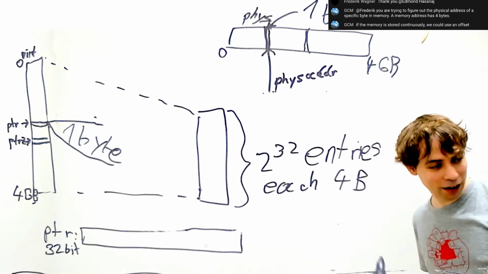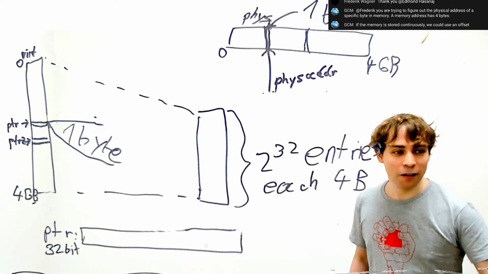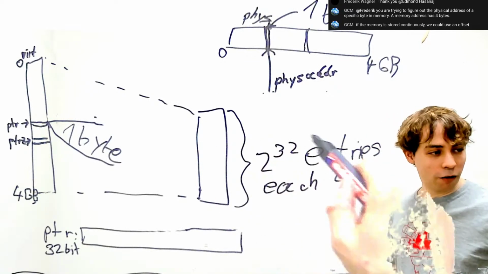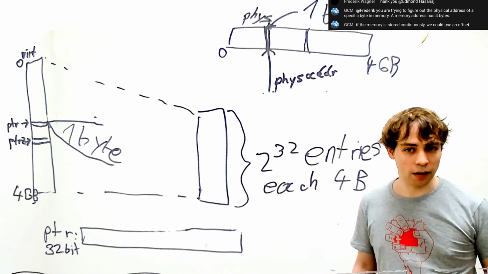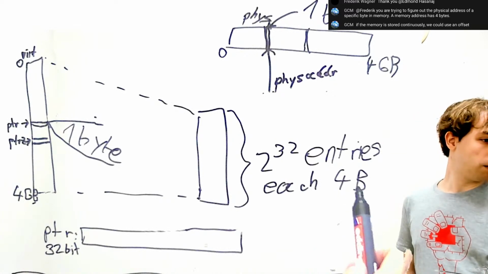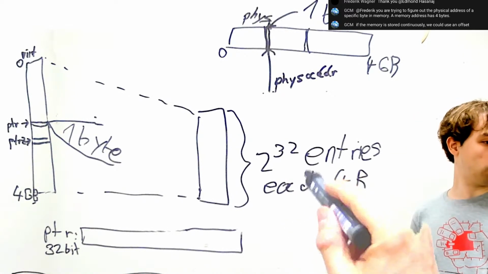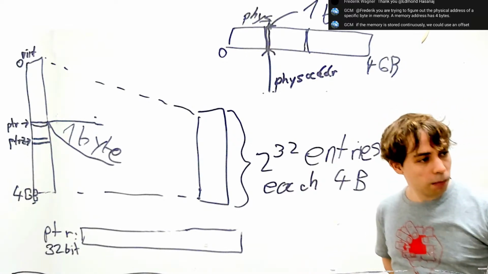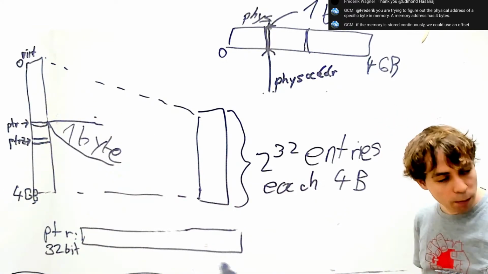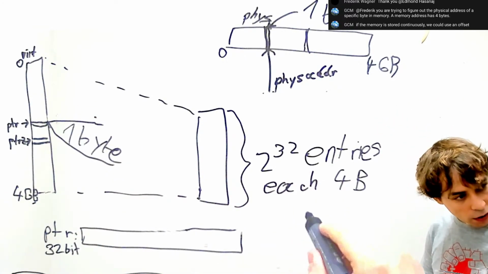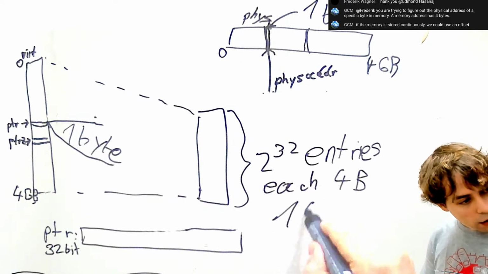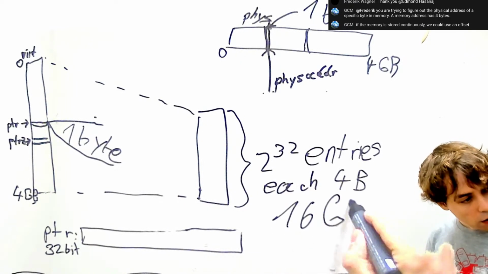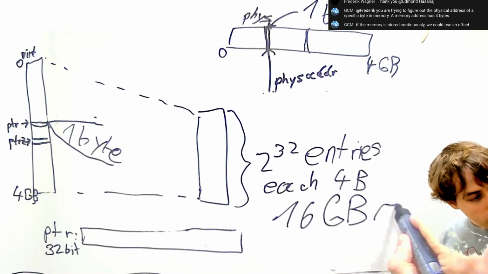So that means that we need 4 bytes times 2 to the 32 entries, an array of this size for every process. So this is 2 to the 34, which would mean that we need for every process 16 gigabytes of physical memory required.